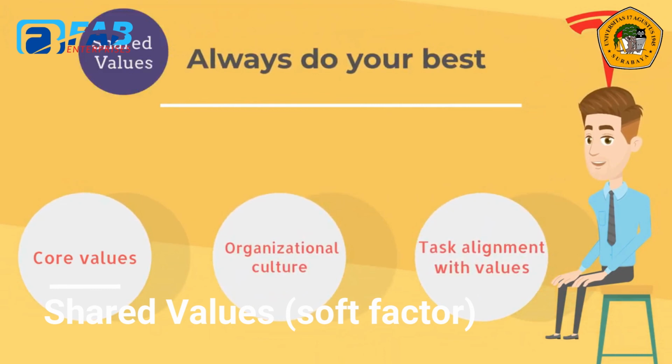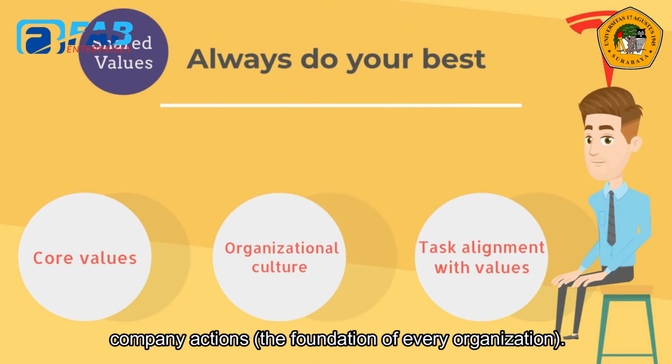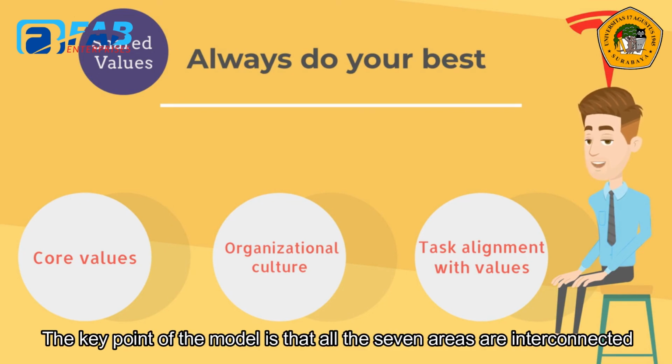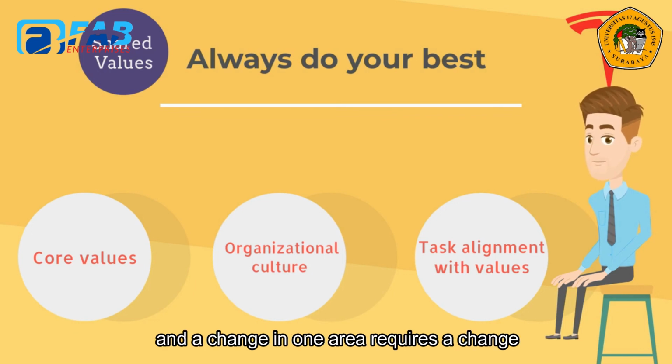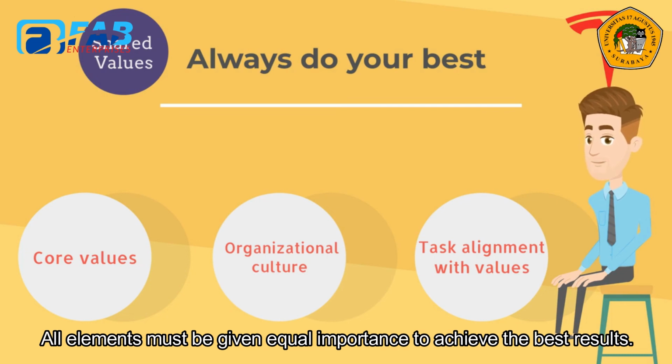Shared values, soft factor. Norms and standards that guide employee and company action, the foundation of every organization. The key point of the model is that all the 7 areas are interconnected and a change in one area requires a change in the rest of the firm for it to function effectively. All elements must be given equal importance to achieve the best result.